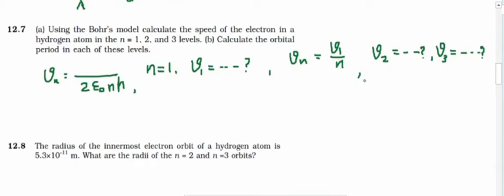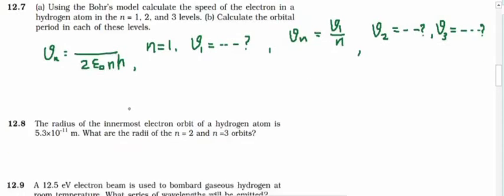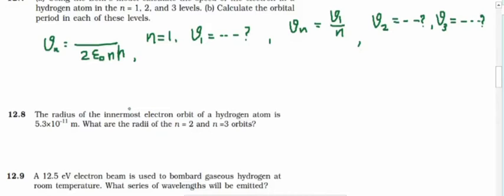Then again you are asked to calculate the orbital period in each of these levels. So orbital period, when you calculate, period T is equal to the distance traveled 2 pi Rn divided by Vn.